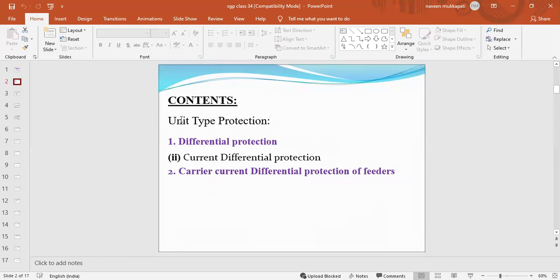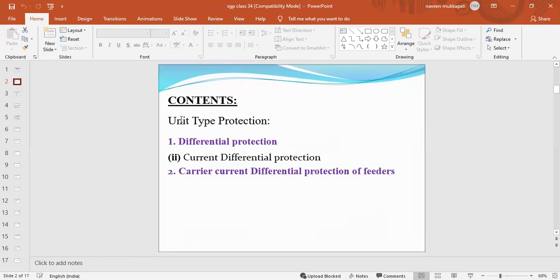First one is the time gradient protection. Second one is the current gradient protection, and the third one is the distance protection. Okay, that is the non-unit type of protection.